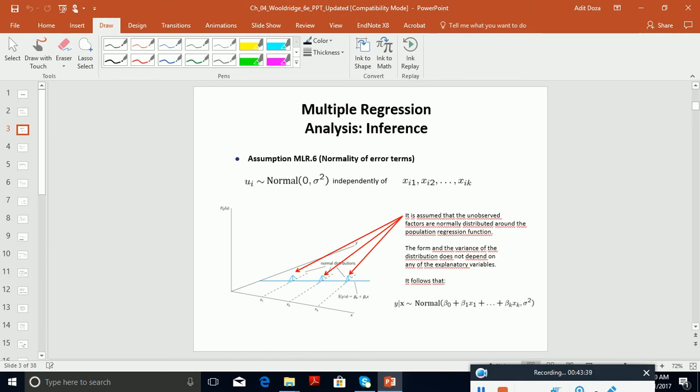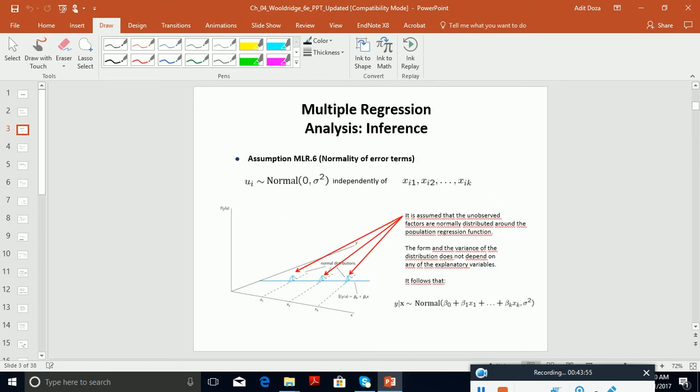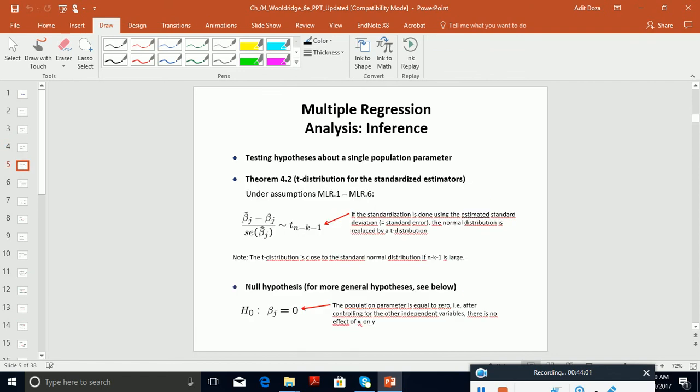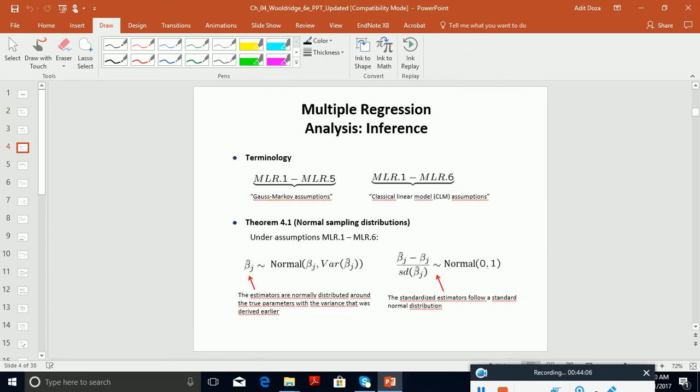So a combination of the Gauss-Markov assumptions, which are the 5 assumptions as I stated before, and condition number 6, which is that your error terms are normal, then we can say that it is a BLUE estimator, a best linear unbiased estimator.